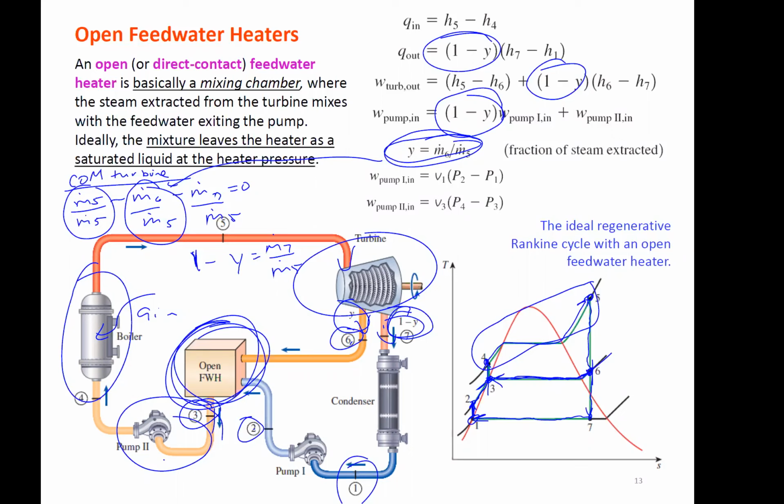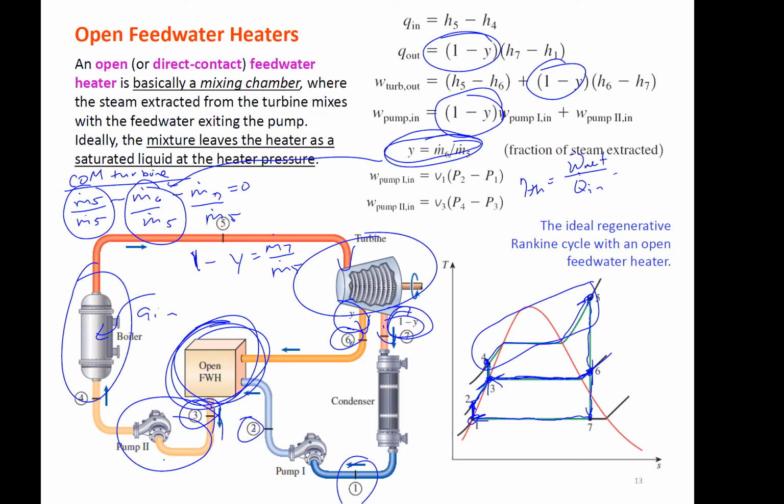And the whole reason you do this is for your thermal efficiency. Because net work in rate form over heat in rate form is this. When we divide to make it lowercase, we're dividing each of them by the same mass flow rate, mass flow rate 5.